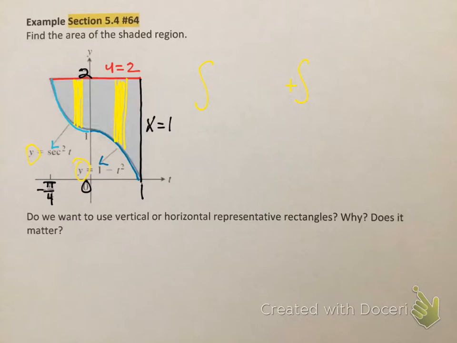What if you picked a horizontal representative rectangle? All right, I'm going to draw in real skinny ones. So, okay, there we go. But look, the left-hand side changes curves also, and you would have to solve this thing for t, which would give you something you really don't want, because you'd have to take the square root of both sides, and then you'd have to do arcsecant.